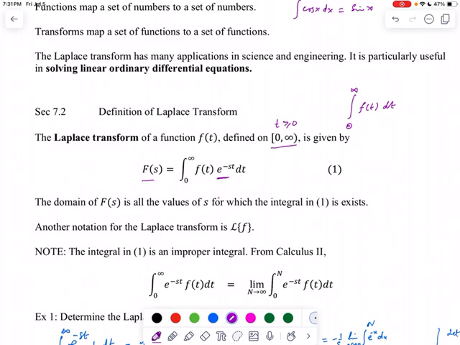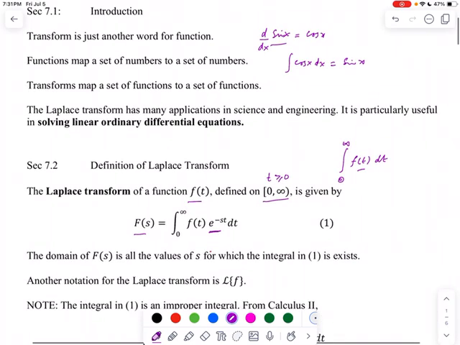Now note that when we have the function little f of t, the transform is named big F of s. That is another difference from what you have studied before, where if my function is in x, my integral will still be a function of x. But here we have a function of t, and we end up with a function of s.